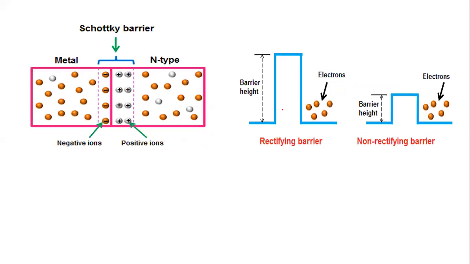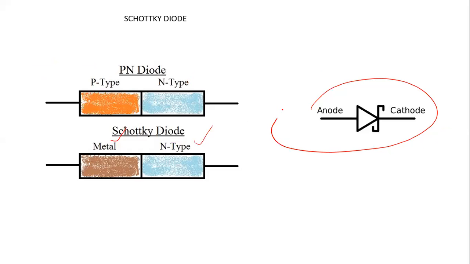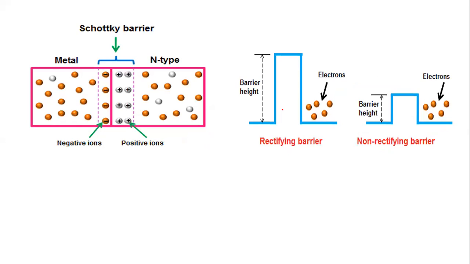What will happen when you have a Schottky diode? A Schottky diode is a diode in which there is what is called a Schottky barrier. When you have a metal-semiconductor junction, just like we explained before, the n-type has a large quantity of free electrons, and those free electrons will diffuse to the metal.